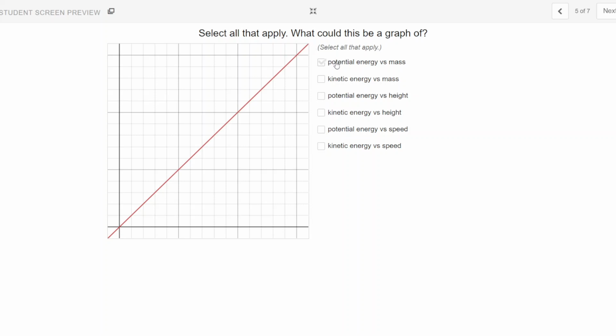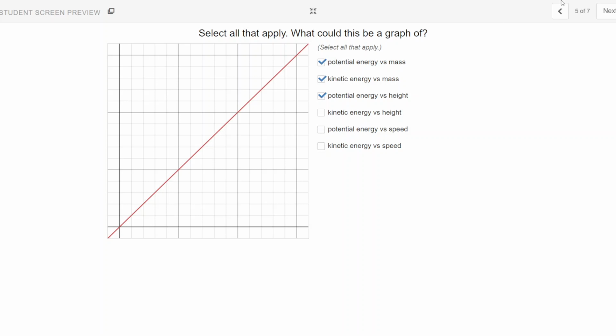Does potential energy depend on mass? Yes. Does kinetic energy depend on mass? Once again, yes. Does potential energy depend directly on height? Yes. Does kinetic energy depend on height? No. Does potential energy depend on speed? No.